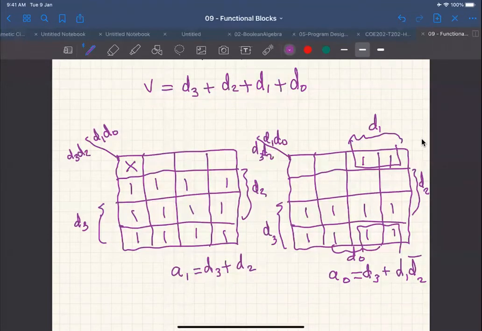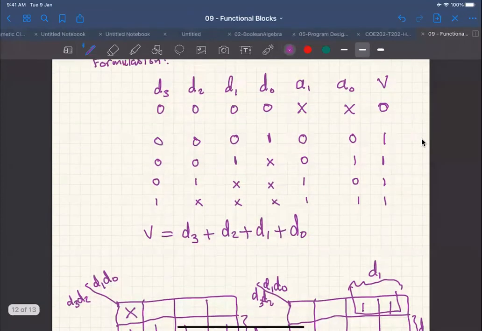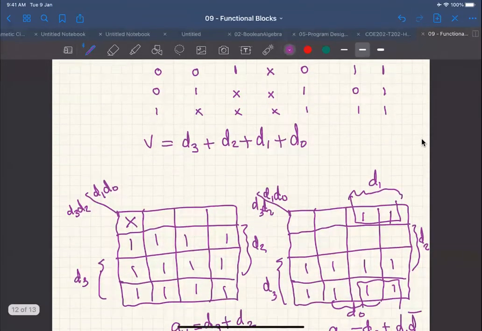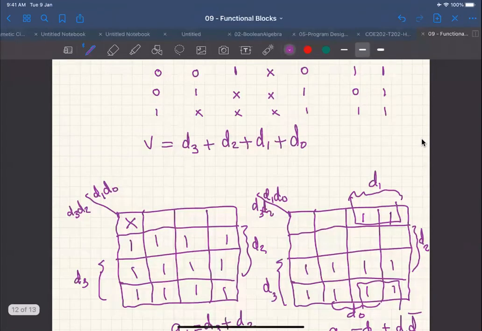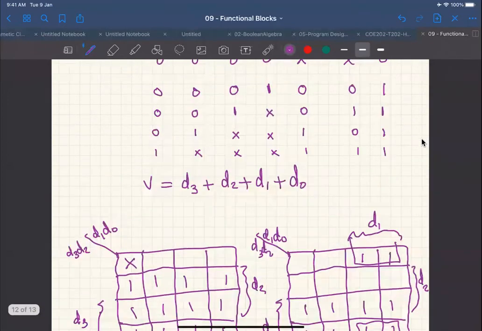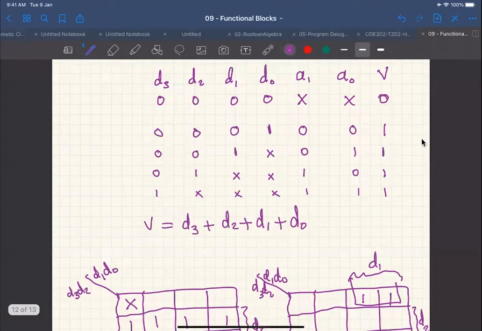What about A0? A0, let me just, yeah, A0, okay? What is A0? So A0 is going to be a 1 here and here, okay? So 1 here means what? 2 and 3, okay?